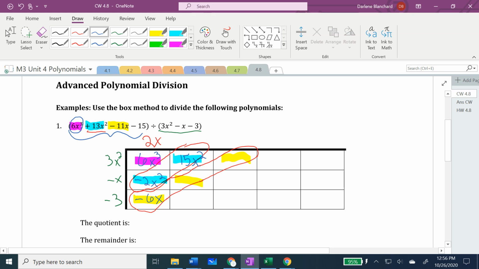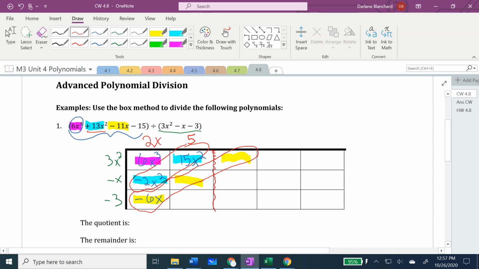And once you have the top of the interior, you're ready to figure out the next term in the quotient. What's going to go here is going to multiply by 3x squared to get 15x squared. Now, from previous experience, you might remember that once I get that constant term of my quotient, that draws a line.